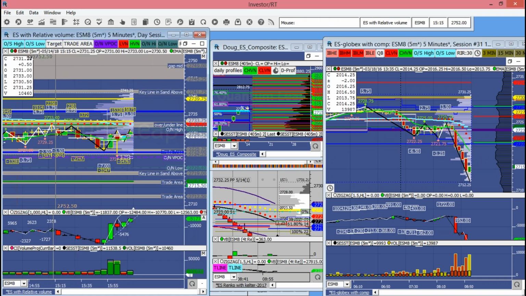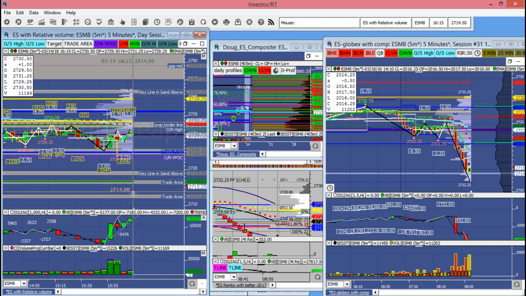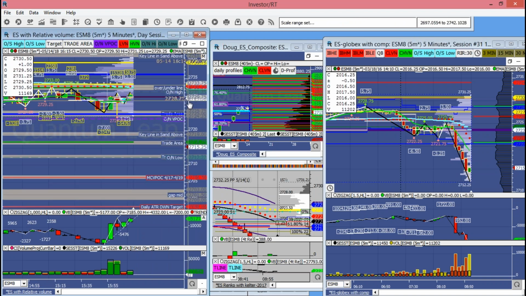I have to change all this around because context has changed. Our overnight low is no longer there. It's going to be moved down to the 12.25, which also happens to be a trade area.